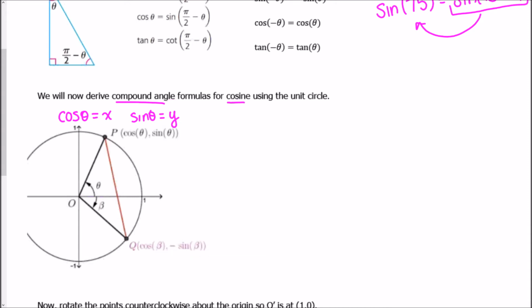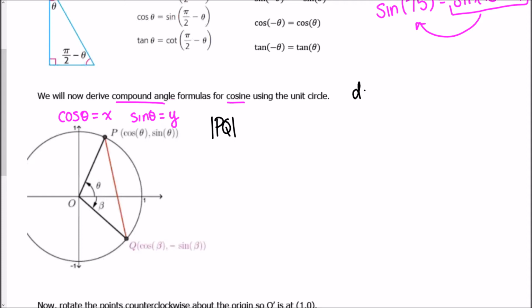Now, I want to figure out how big PQ is. I'm going to use absolute value bars because PQ is the length of a side, and distance is always positive.